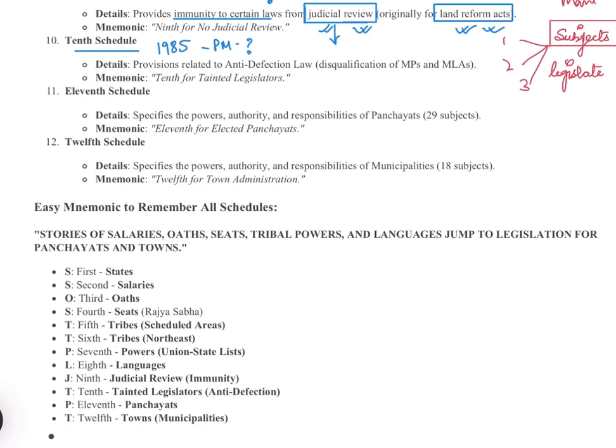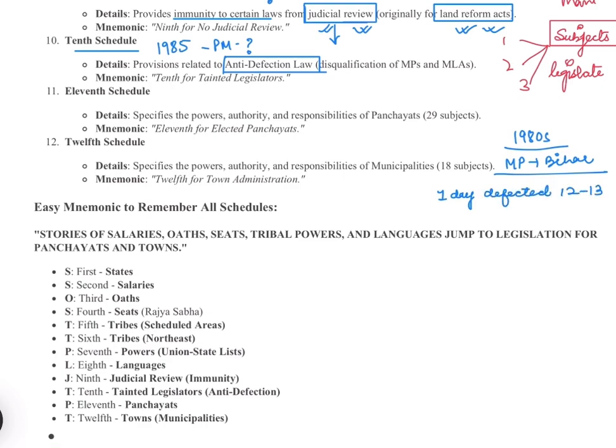In the 10th schedule, it is related to anti-defection law. Anti-defection means actually there was a case in the 1980s where there was an MP from Bihar, and in one day he defected more than 10 times.